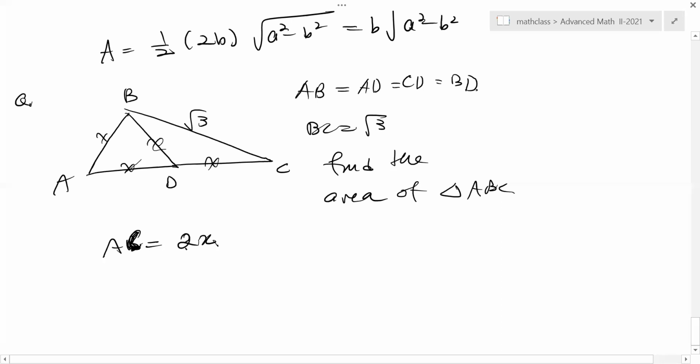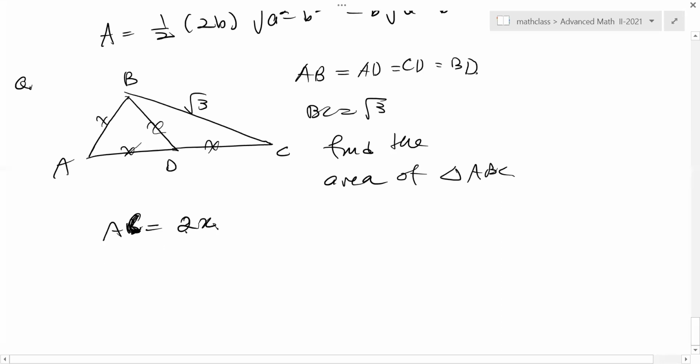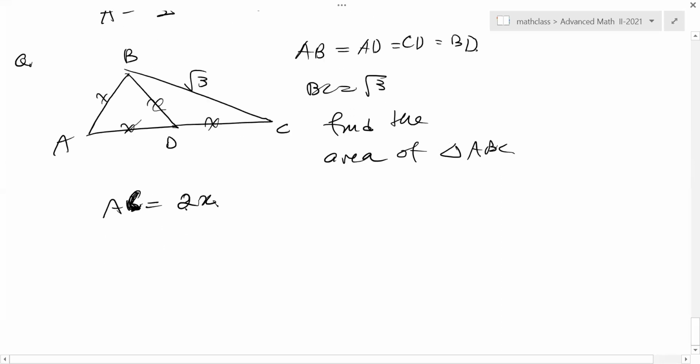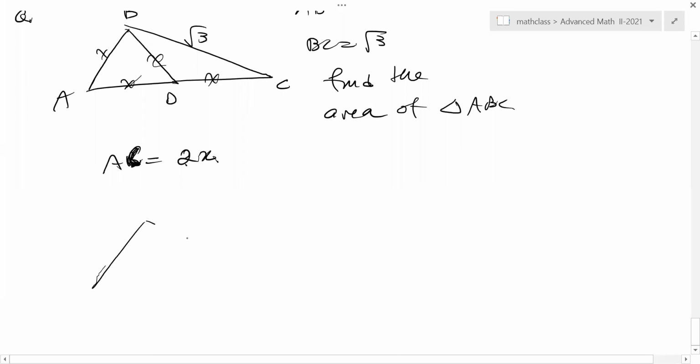All right, anyone can figure it out? X? All right, let's see. I'm going to redraw the picture again. I don't want to destroy the original. Okay, so A, B, C, D. So this should be 60 degrees, right?